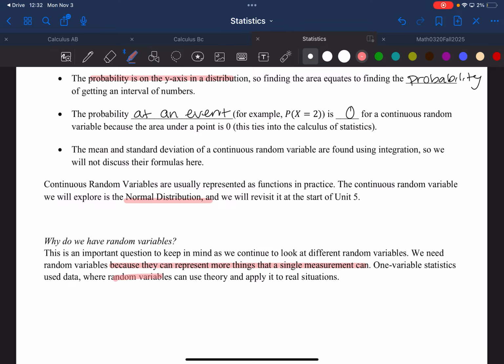Random variables are important because they help us apply it to theory and application problems. Which means if you plan on being, let's say, a statistician or a data analyst or anything along those lines in college or your future career, random variables are important in order to be able to apply to all real life scenarios.